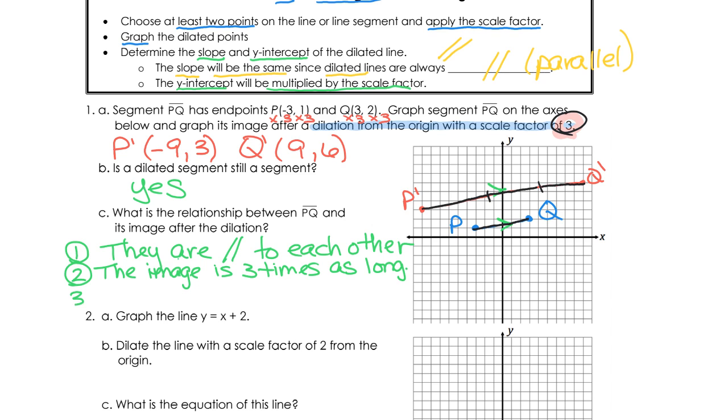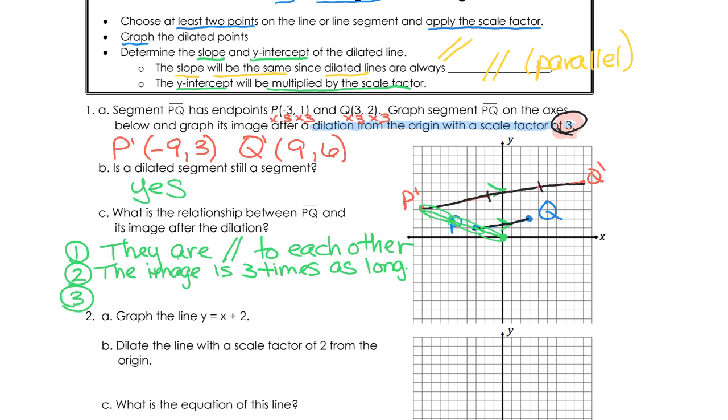Okay, and there's one more thing. Notice your center of dilation was the origin. Here's the distance from the origin to P, and then this is the distance there. So notice it's 1, 2, 3 times as far away from the origin.